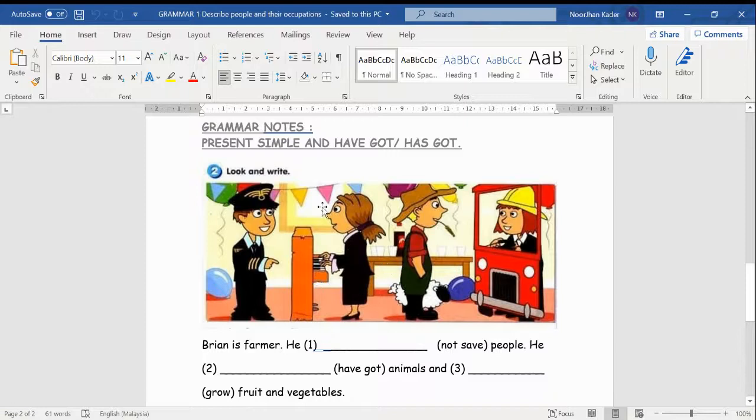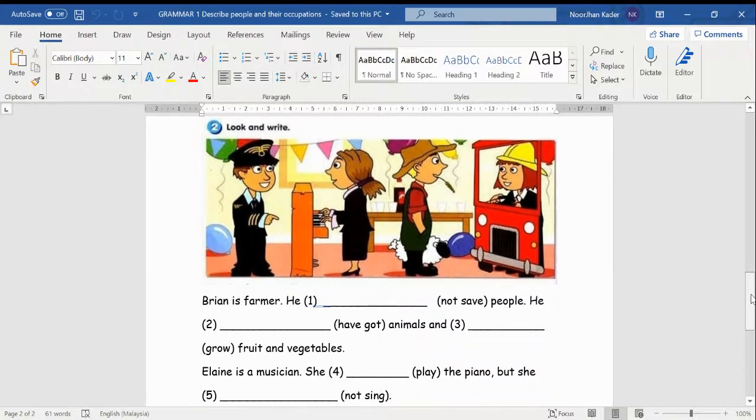So this picture number 2 describes Elaine. So Elaine is a musician. So number 1, Brian is a farmer. Number 2, picture number 2, Elaine is a musician. So we've got that right for 2 persons.